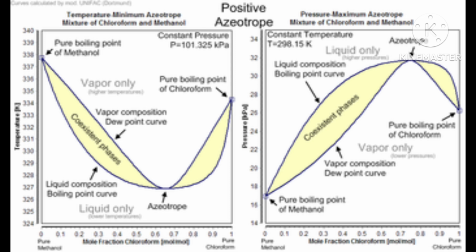The solution that shows large negative deviation from Raoult's law forms a maximum boiling azeotrope. That was the minimum, ethanol-water, what I told you now. This is the maximum: the solutions that show large negative deviation from Raoult's law form maximum boiling azeotropes at a specific composition.